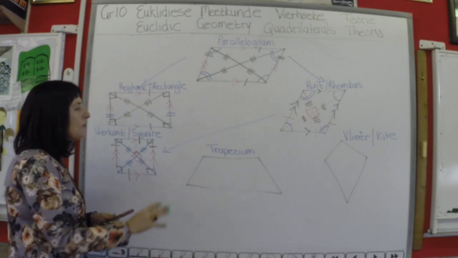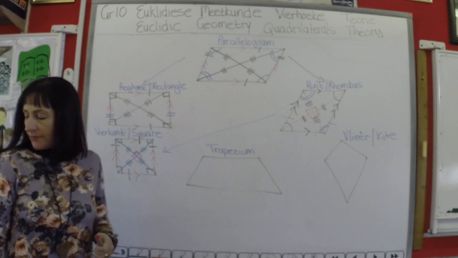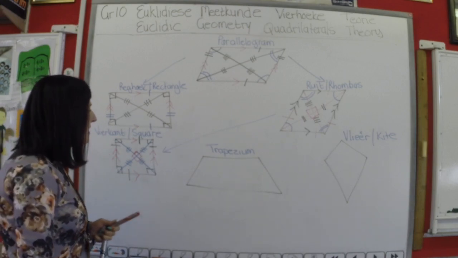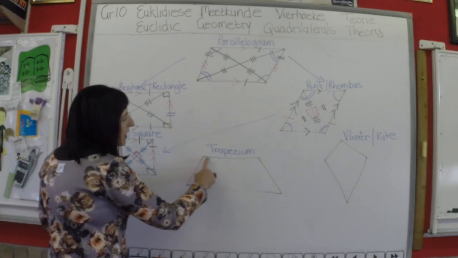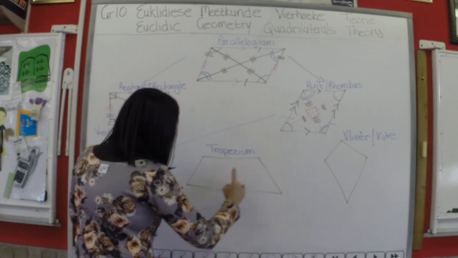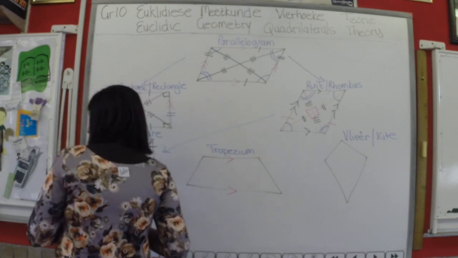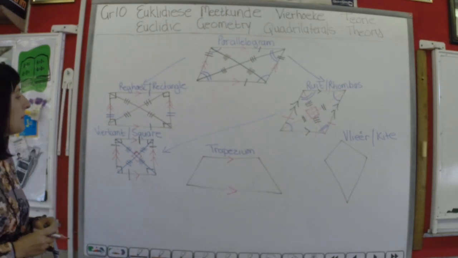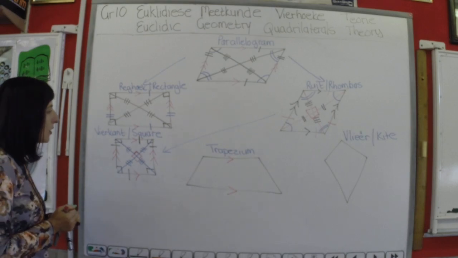Goed. Nou kom ons by die two odd ones out. The trapezium het nie baie eienskappe nie. Sy eienskappe is this pair of sides are parallel. Daai twee sye is ewewydig aan mekaar. Die twee horisontale sye is ewewydig aan mekaar.